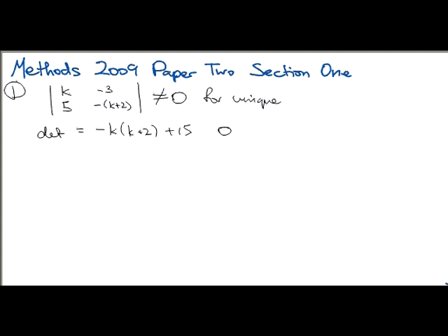And you want to equate that to 0, solve that equation, and you're going to get k equals negative 5 and k equals 3. Great. So basically you want anything but k equals negative 5 and 3.